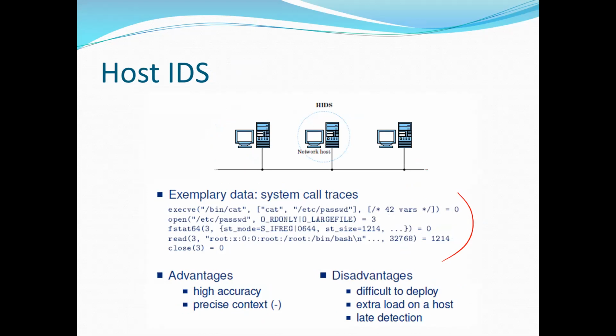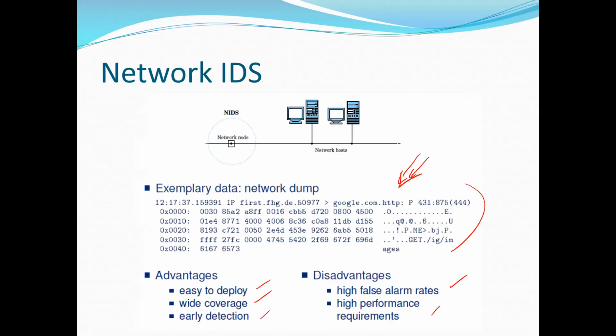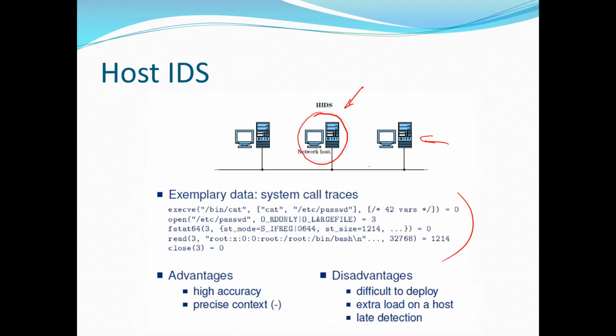The idea is an IDS running on the local machine, usually only for detecting things for itself. So it doesn't really care if there's an attack on this one, whereas the previous one has the goal of detecting attacks on this one and that one. Therefore, it's a network IDS.